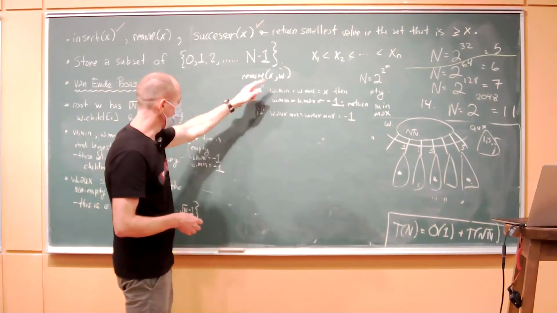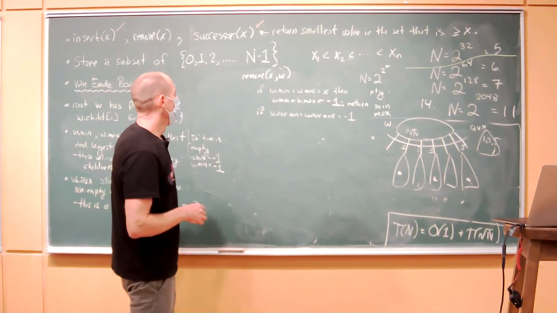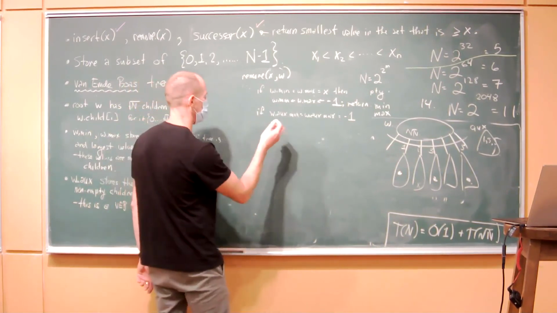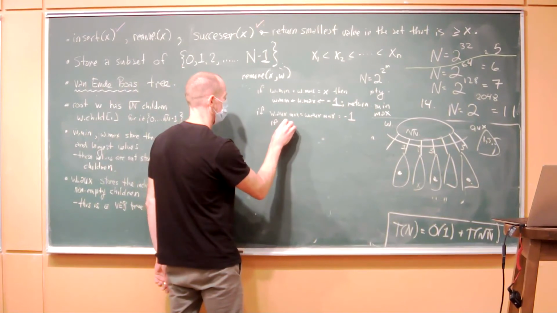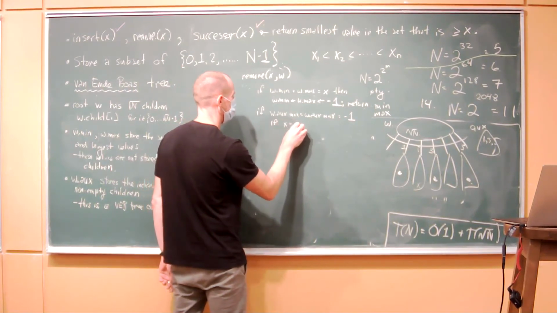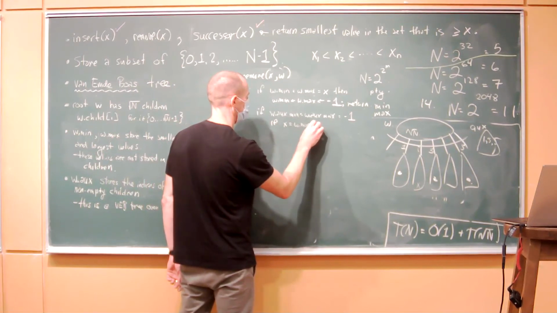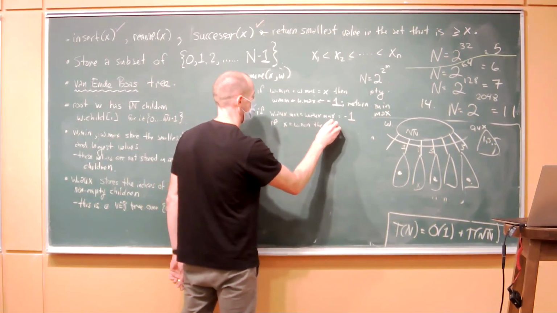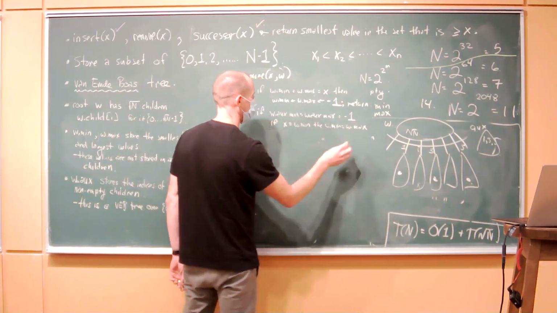So we just need to deal with that, and that is boring. If x equals w.min, then w.min equals w.max. x is going to go away.